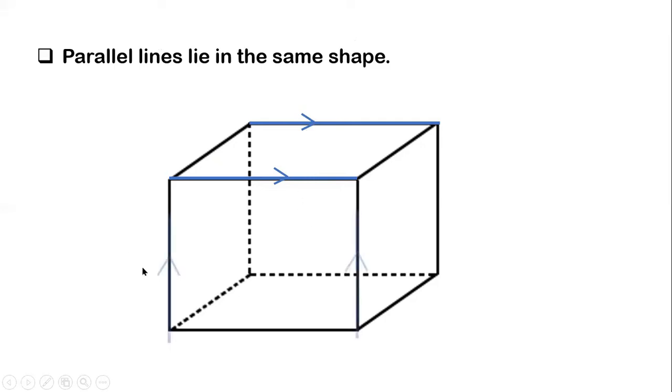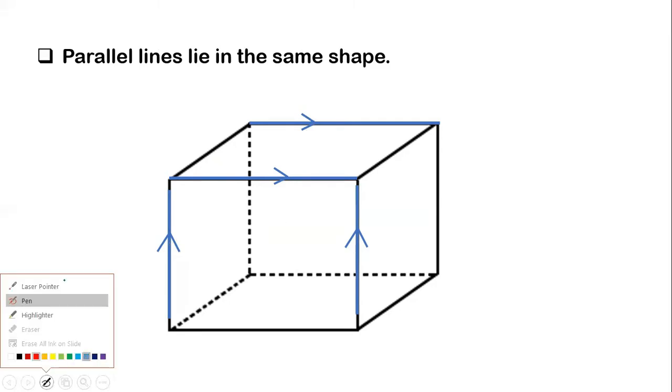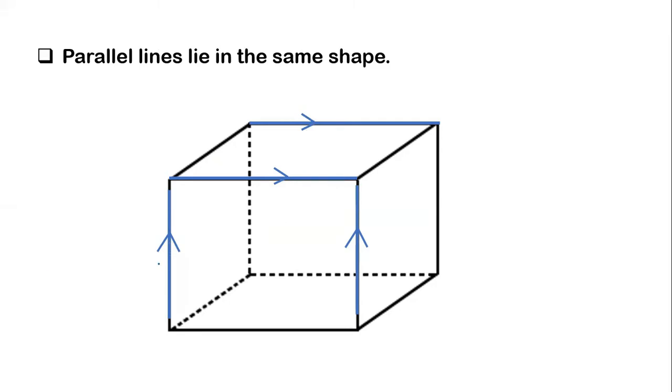Also here, we have this one and this one. They are parallel. Look at these arrows. They mean that this line is parallel to this one. Okay? So to make it much clearer, now we can say that this one is parallel to this one.